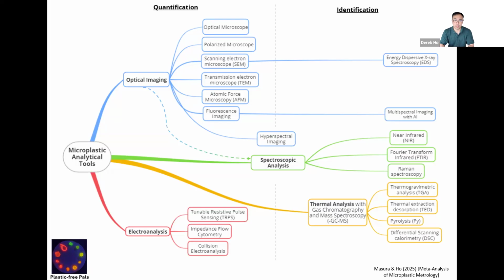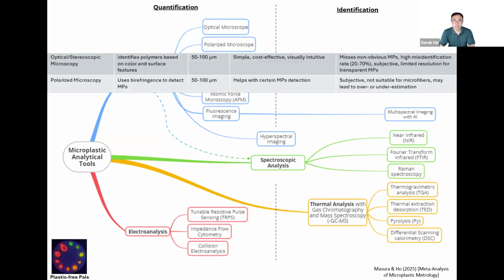For the optical imaging, we can start off with the simplest, optical microscopes or polarized microscopes. Here, with increased magnification, we're able to just count the particles that we think are plastic. It's simple and cost-effective, but it tends to miss non-obvious microplastics and has a high misidentification rate of 20 to 70%.